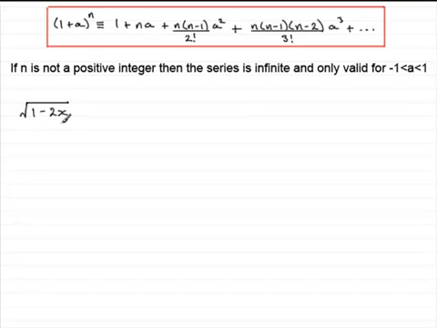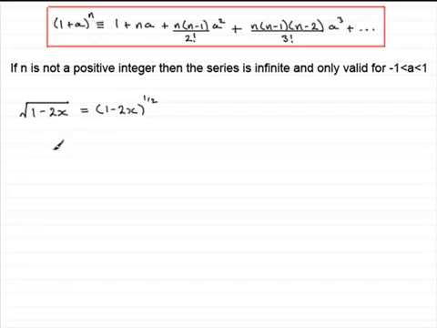If we were to use the binomial expansion for this, I would need to put this in the form 1 minus 2x to the power a half. You can see that the power is not a positive integer. So if we did use the binomial expansion, it would be infinite, but it would only be valid for a particular range of values of x.